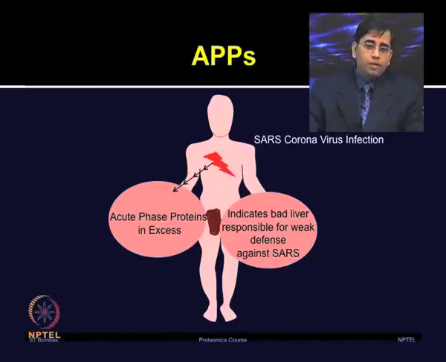The acute phase proteins found in the SARS patients suggested that the health status of the liver in these patients may be affected, and so their defense against the SARS virus infection. So, the authors were able to obtain some of this information because of the proteomic analysis of these plasma samples obtained from SARS patients.